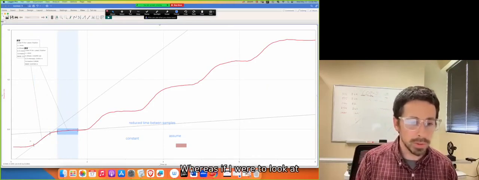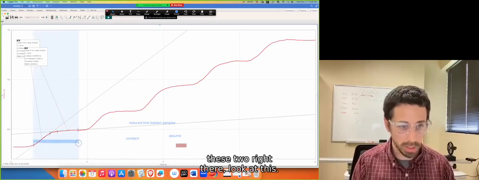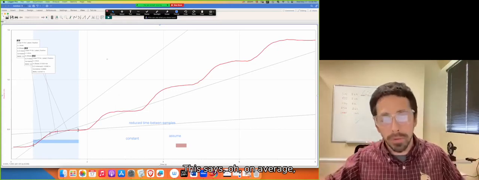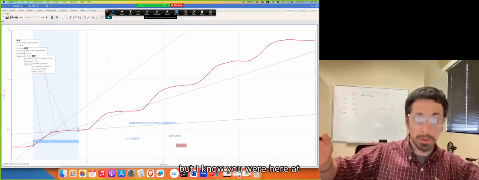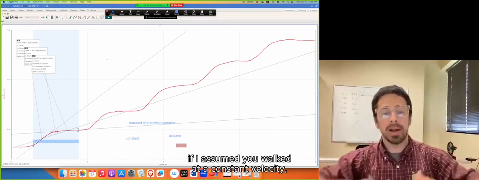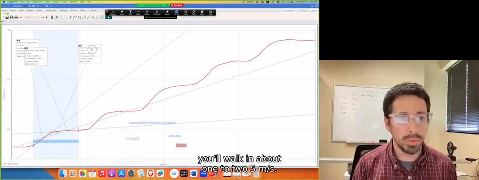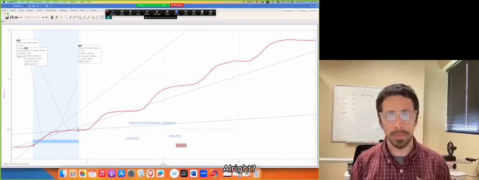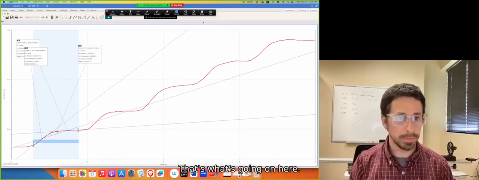Whereas if I were to look at the whole time between these 2 right there, this says, on average, Professor Ray, I don't know what happened in between, but I know you were here at this time and there at that time. If I assumed you walked at a constant velocity, you're walking about 0.1225 meters per second. All right, so that's what's going on here.